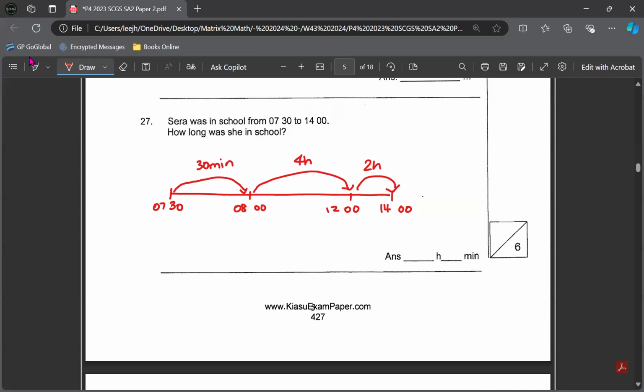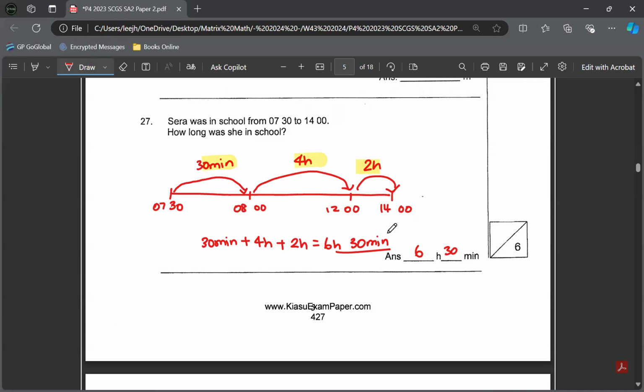So the total duration, you just add up all these durations, and that will be your answer. So 30 minutes plus 4 hours plus 2 hours. Answer: 6 hours, 30 minutes. So you fill up 6 hours, 30 minutes.